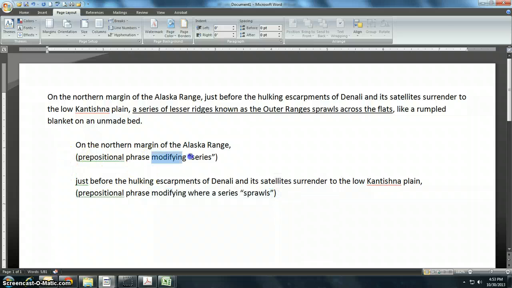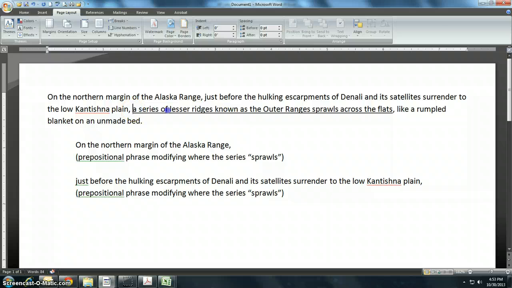Prepositional phrase modifying where the series sprawls. So all I'm doing is identifying the type of phrase, prepositional, and specifying what it modifies. It's definitely modifying sprawls, not series. It's not telling us what kind of series, it's telling us where the series is, of course. I can't believe I messed that up.